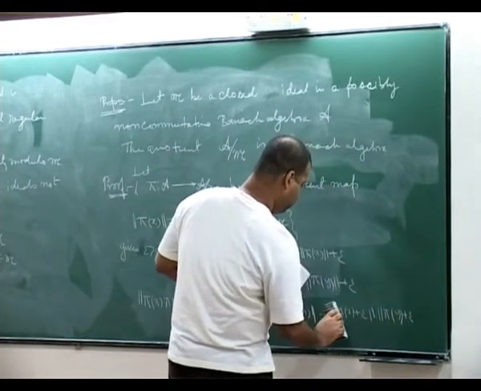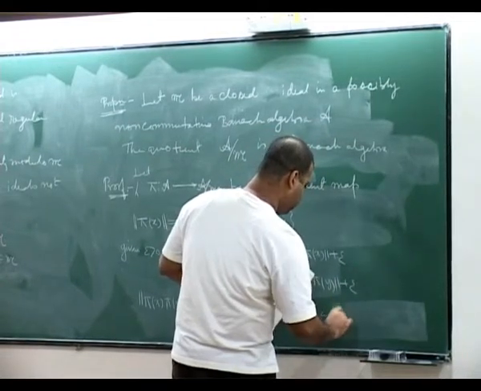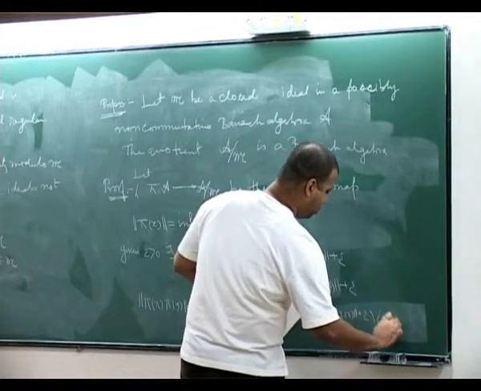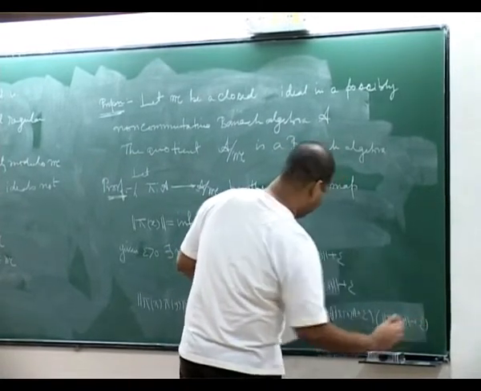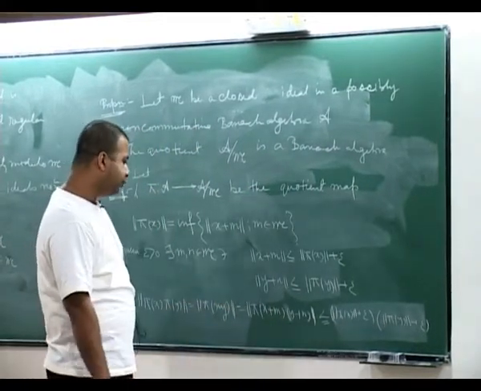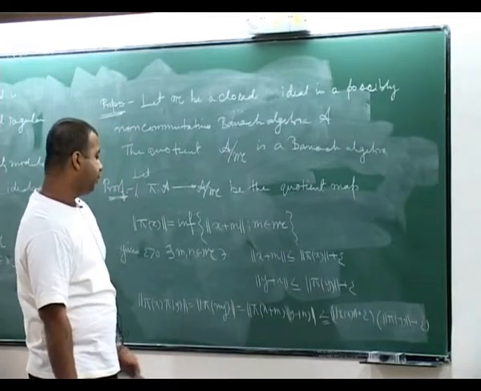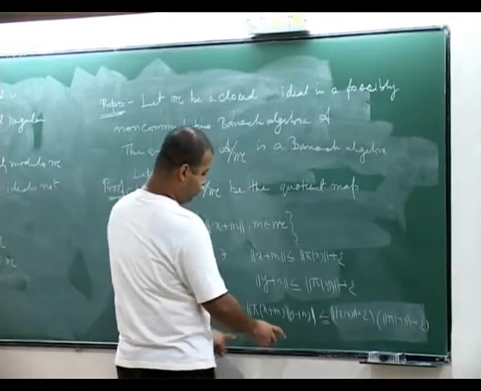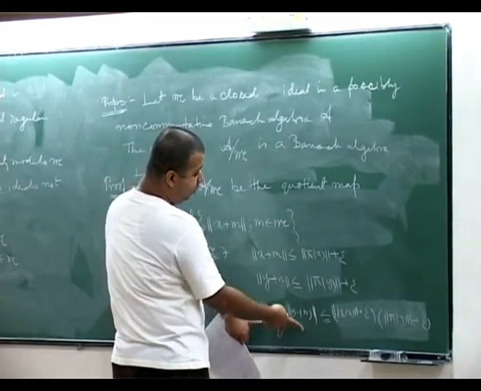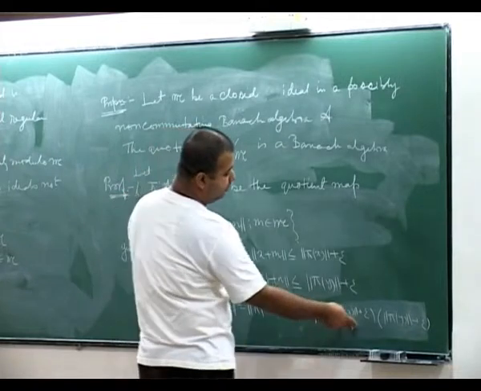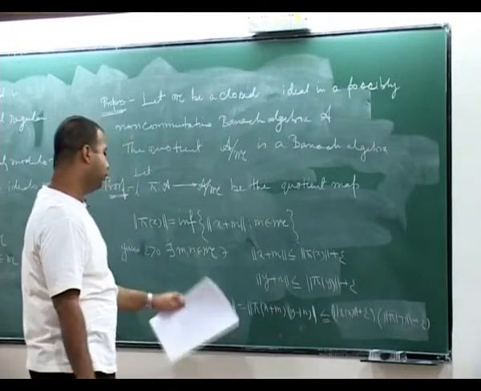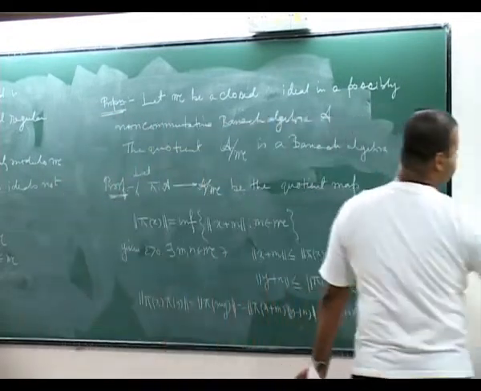So this is pi of this times pi of that. So that is less than or equal to the norm of this product, because pi is contractive, that is less than or equal to norm of x plus m times norm of y plus n, and instead of those two you put these two, and of course they are arbitrary.